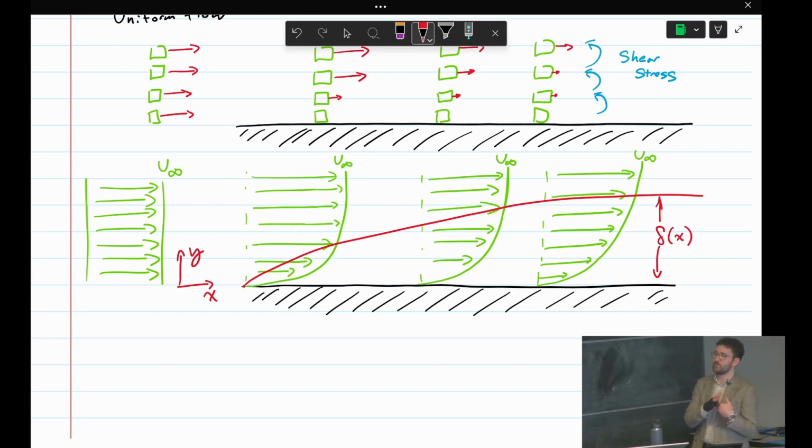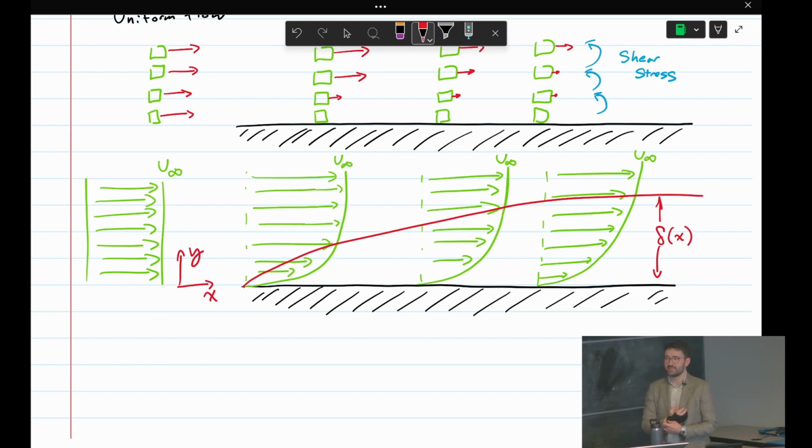Okay, so we have uniform flow. It hits a plate. It starts slowing down near the plate wall, and that profile has a very high gradient at the edge of the plate. Then as those parcels slow each other down, it keeps becoming more and more gradual. And as it does that, the boundary layer thickness grows.